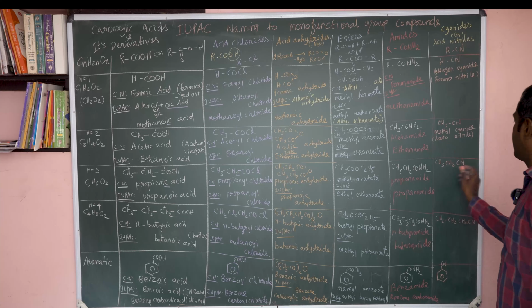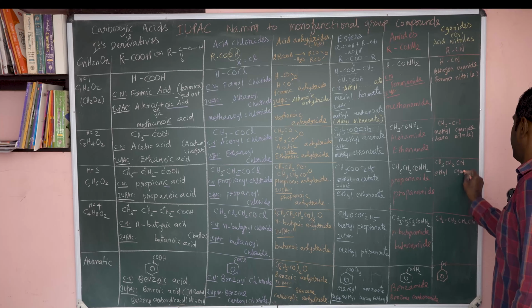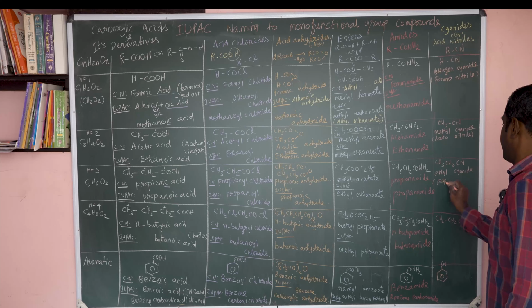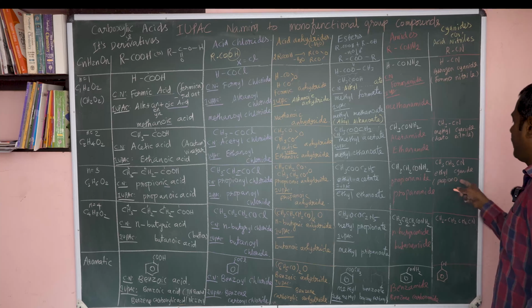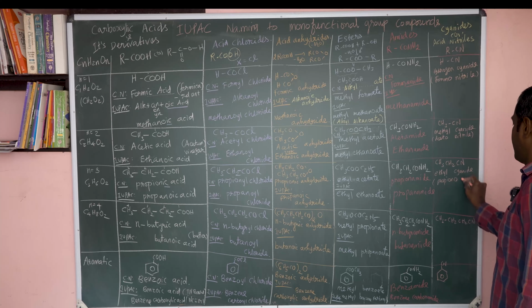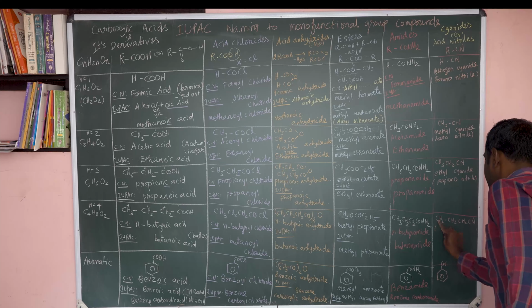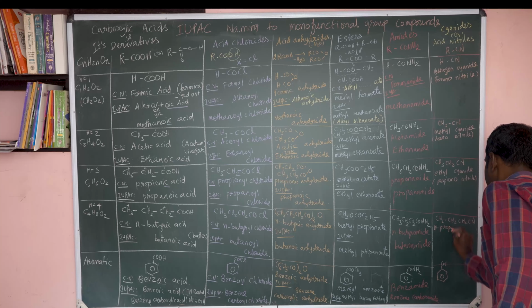Here CH3CH2 is ethyl, CN is cyanide, so ethyl cyanide. But the acid name, from propionic acid, instead of IC, O, so propionitrile. And this is N-propyl cyanide.